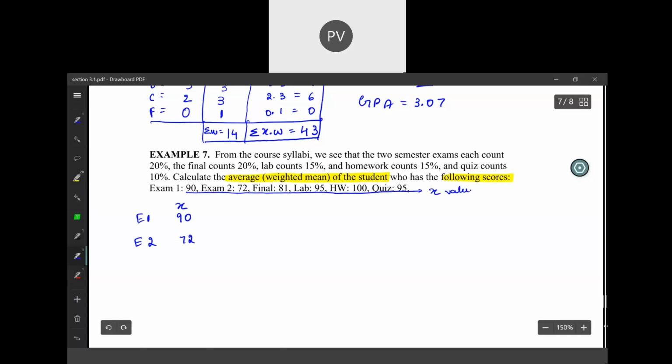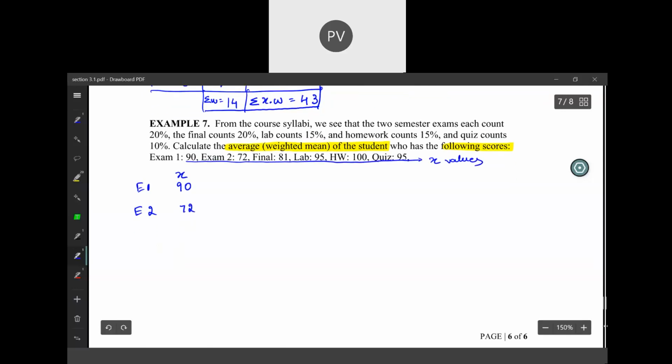And for exam 3, which is the finals, 81. And for lab, it is 95. Homework is 100.